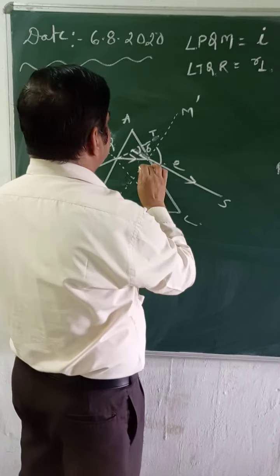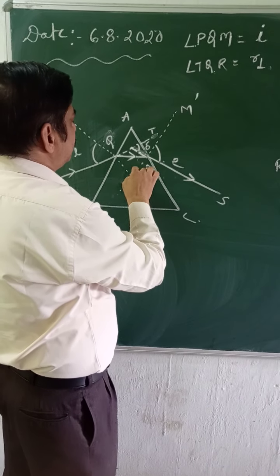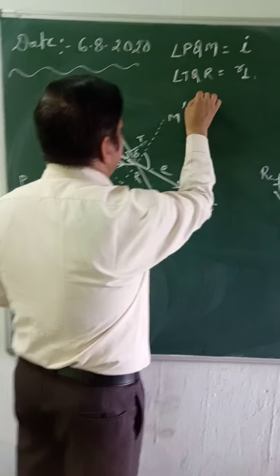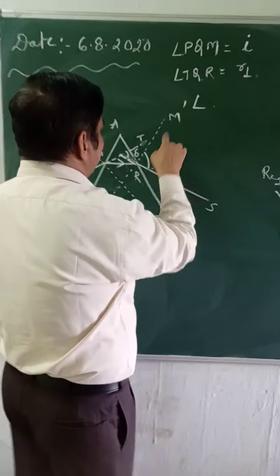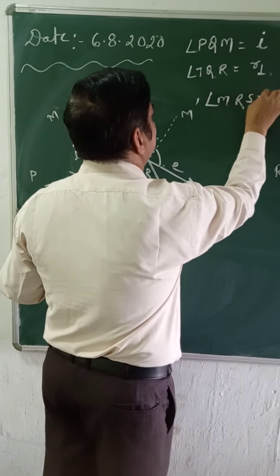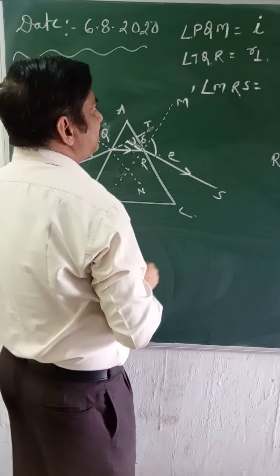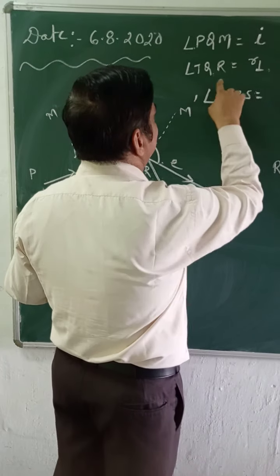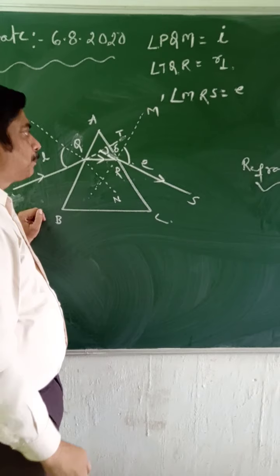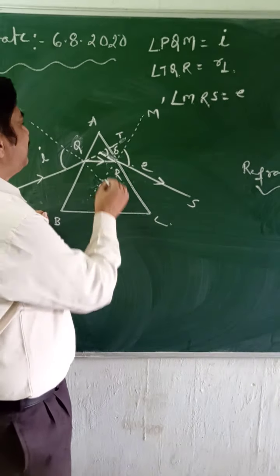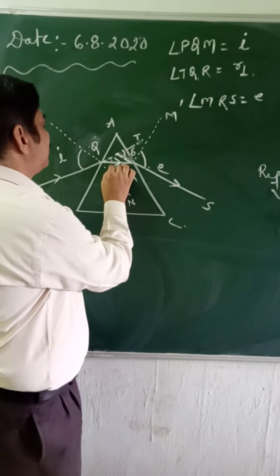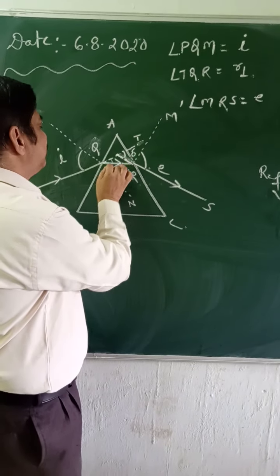And here this angle between the incident ray and normal, and after that angle MRS, this is the angle of emergence, that is e, and this angle is r1.